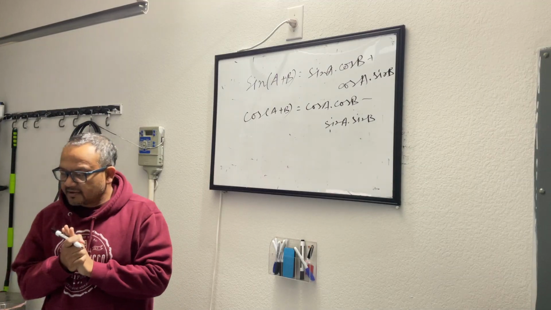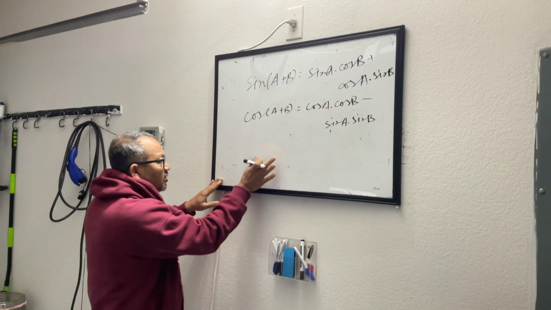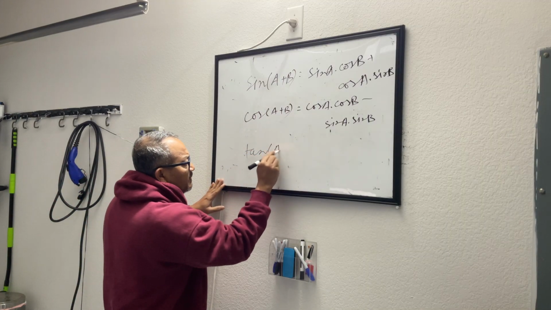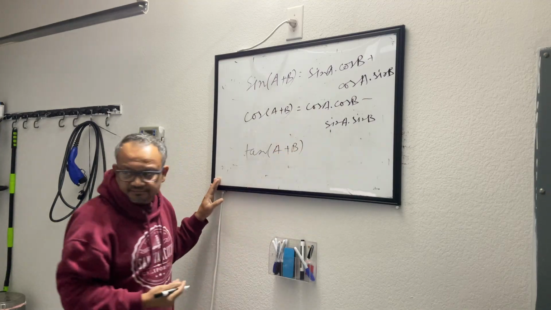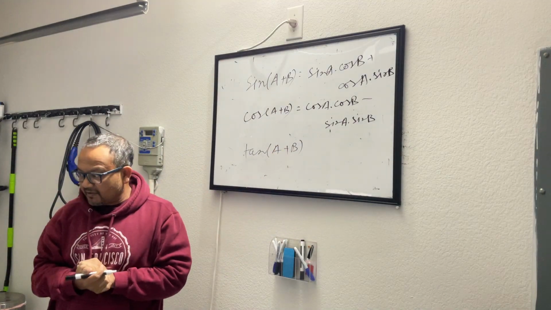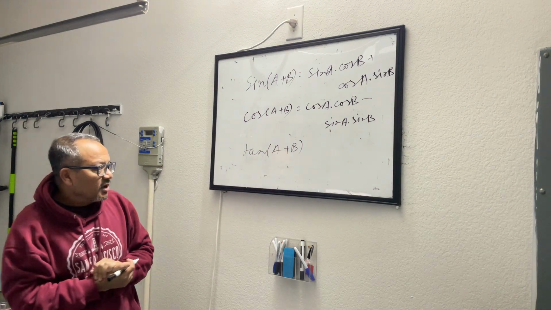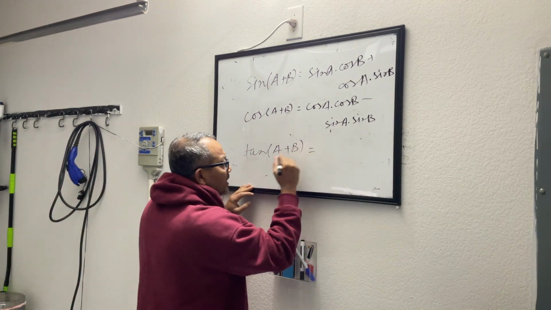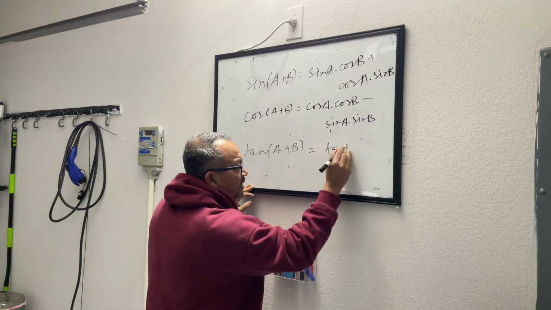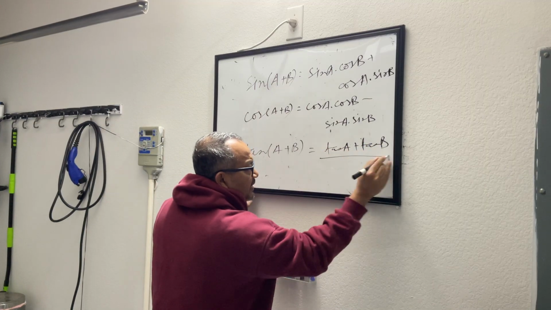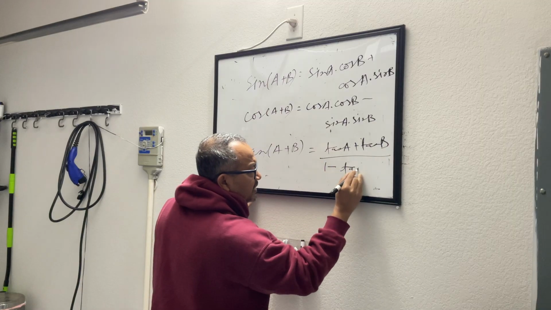What we did not find out was, how about tan of a plus b? How do we derive that? We did not look at this formula: tan of a plus b equals tan of a plus tan of b divided by 1 minus tan a tan b.